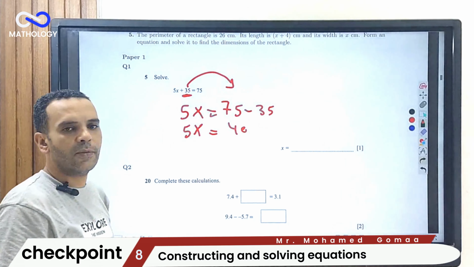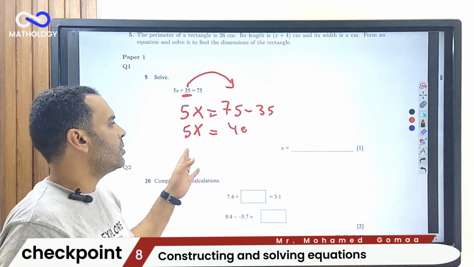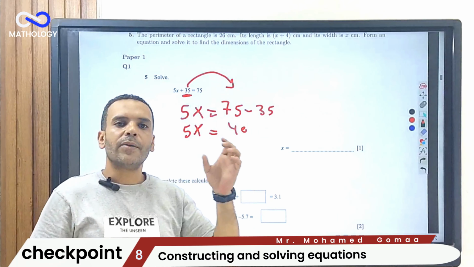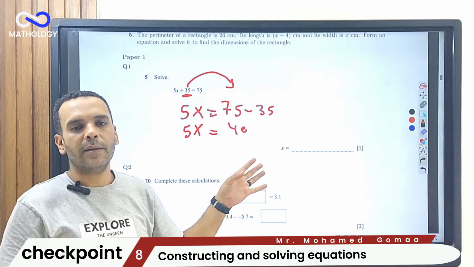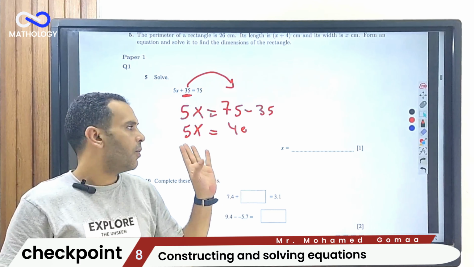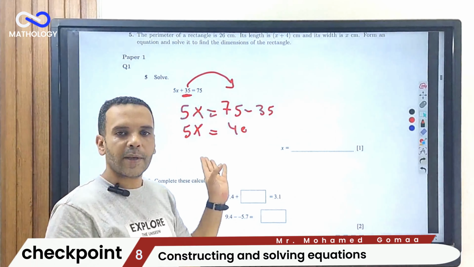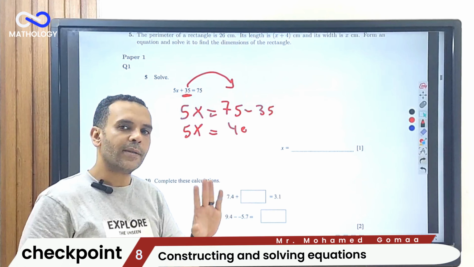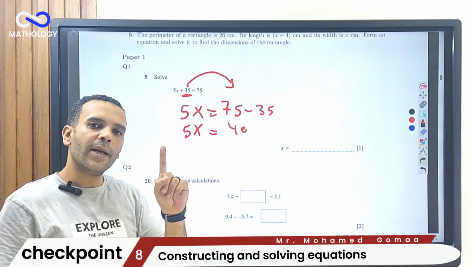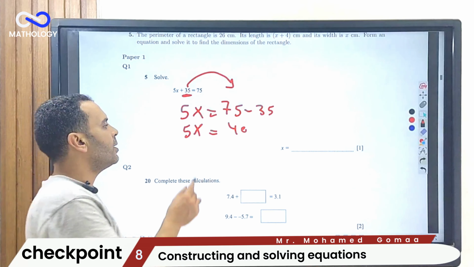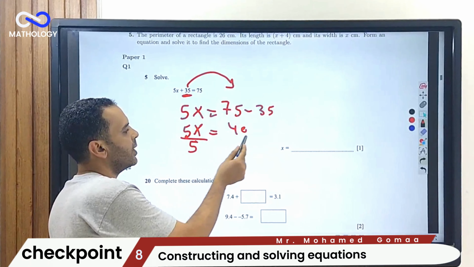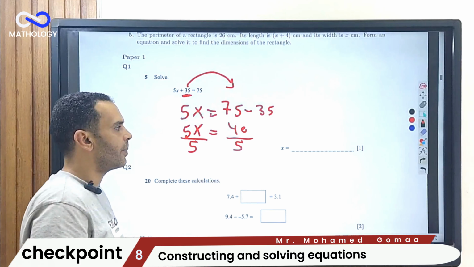5x equals 40. We want to get the value of x. We want to isolate x in one side, not 5x. We want to get just x, 1x, the value of 1x, not 5x. To get the value of x, you have to divide both sides by 5.